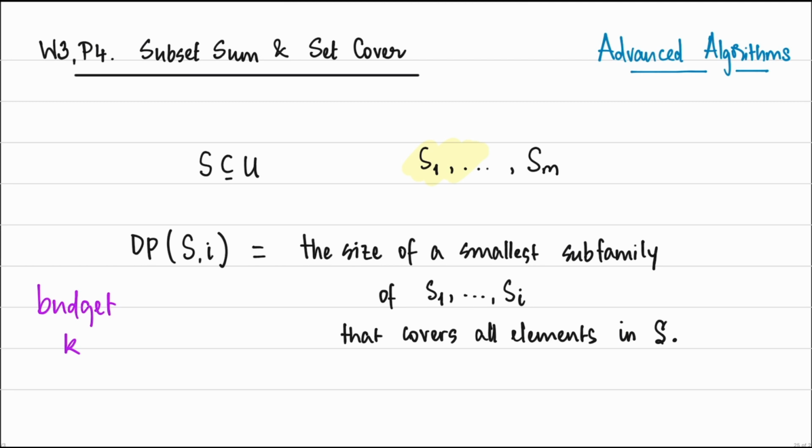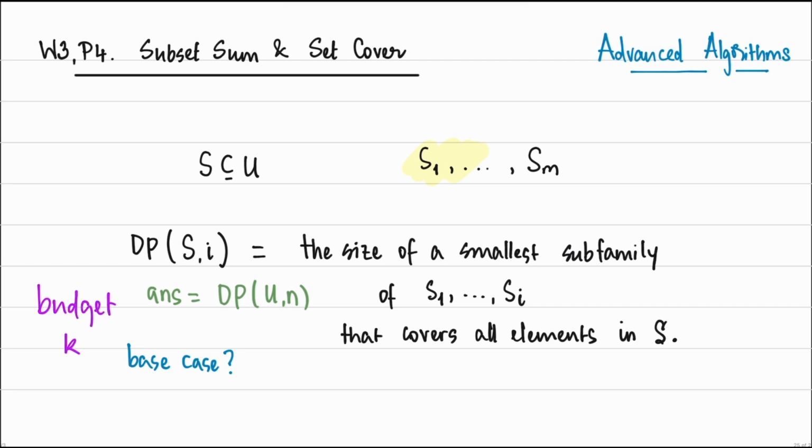And once again, let's quickly sort out the issue of where is the answer. Well, again, in this case, the answer is quite evident. It sits at U comma n, because at this point you're covering the entire universe using the full force of the family that has been given to you. So the answer is clearly computed if you compute these subproblems. And let's also quickly think about the base cases here. So again, you could start off with i equals 1 as being a base case. So that's going to cover any subset of S1, right?